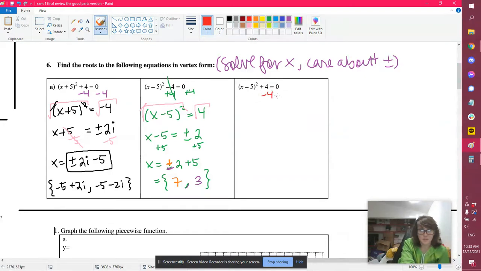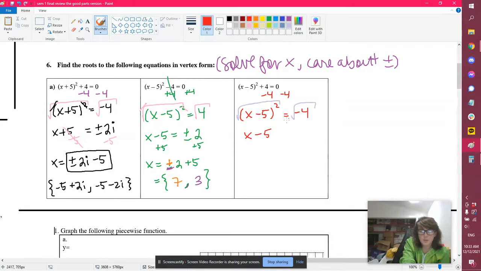Last one of this type, not the last problem. I'm going to solve for x. I'm going to get rid of the stuff around x. I'm going to do that in reverse PEMDAS order because solving is the reverse of simplifying. It's the inverse of simplifying, right? So I moved this one over. I'm going to square root. Square root here, square root here.